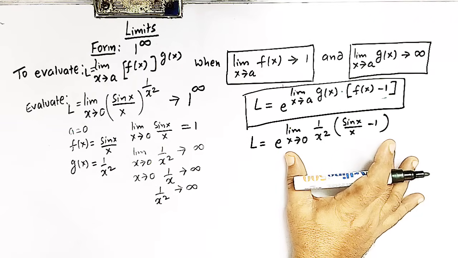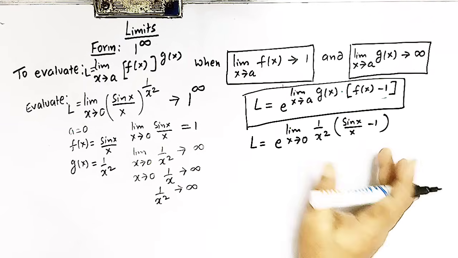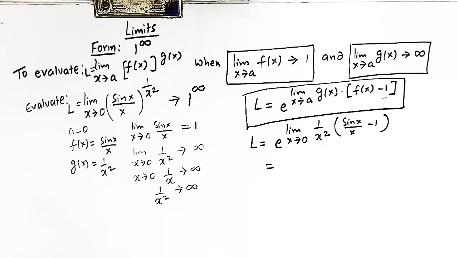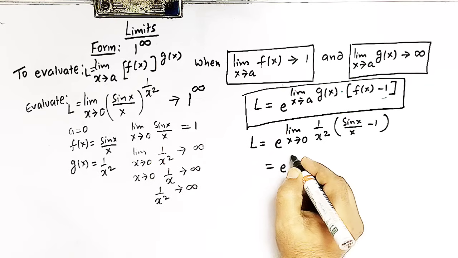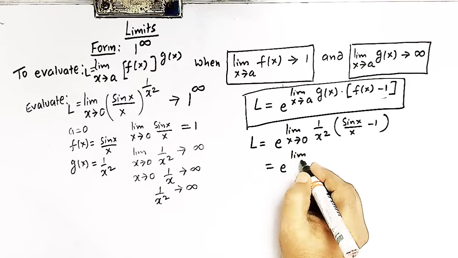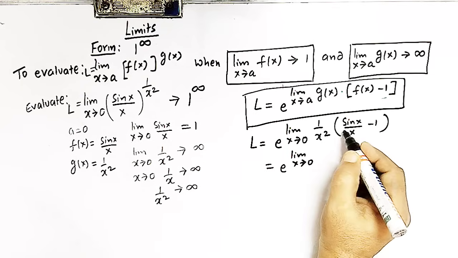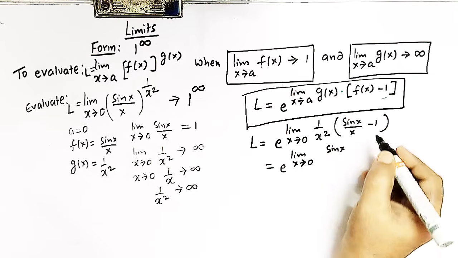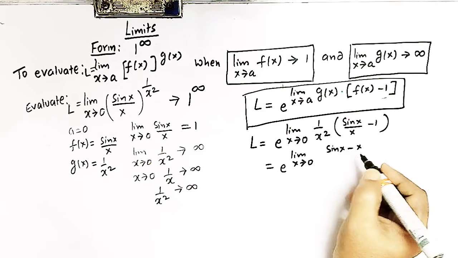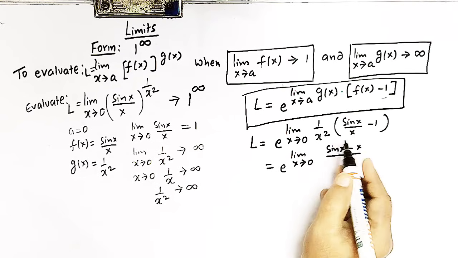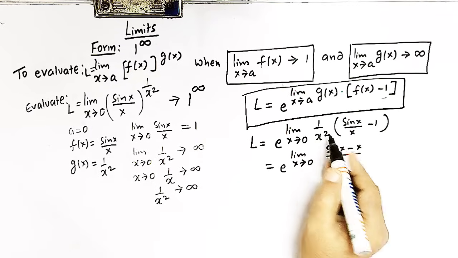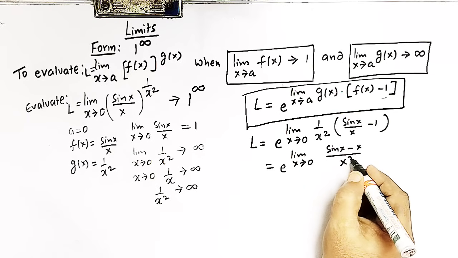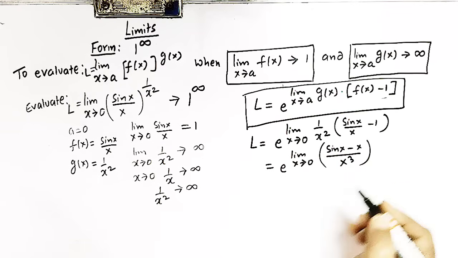Now we have to evaluate this limit, and we can make use of the famous L'Hopital's rule. We can simplify this expression: we have sine x minus x over x, multiplied with 1 over x square, so here we have x cube.